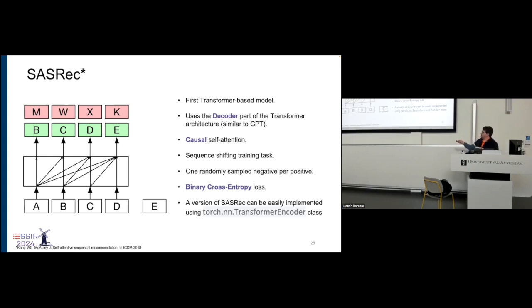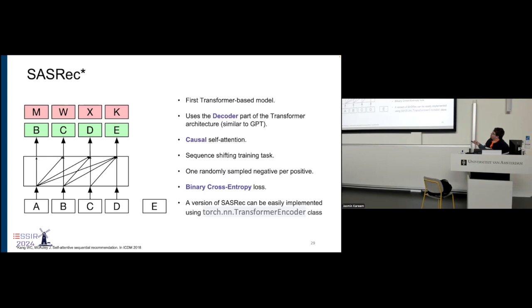It takes as input the sequence of items, and it is trained to shift the sequence of items one element to the left, the same thing that GPT does in language modeling. Similar to GPT, it also uses causal attention. So when it shifts, it is not allowed to look forward, only backwards. It predicts the next element based on history, and it is not allowed to predict the next element based on the future. Otherwise, the task would be trivial.